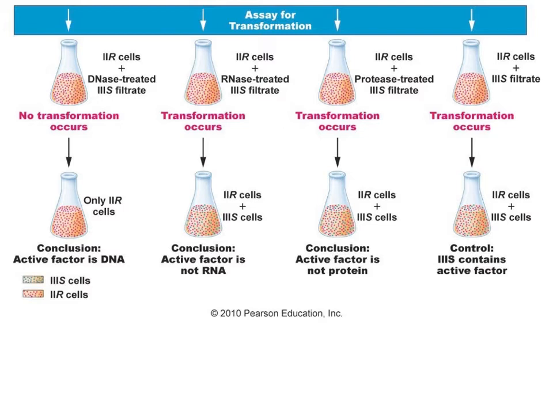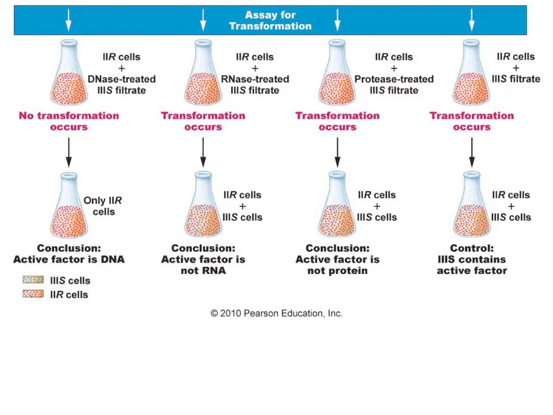And they sought to see whether transformation occurred, whether you end up with 3S cells. And when you just put those two things together, sure as hell, just like Griffith observed, you get active 3S cells, okay?